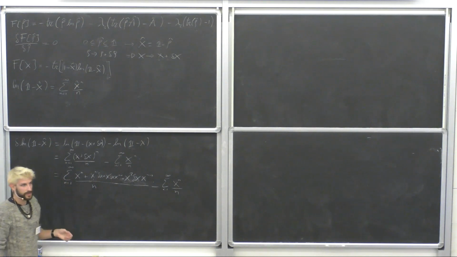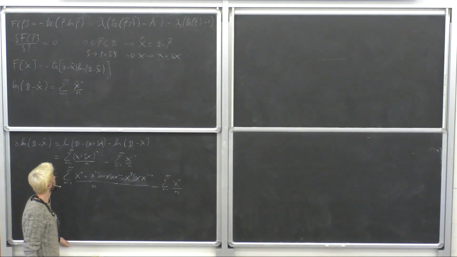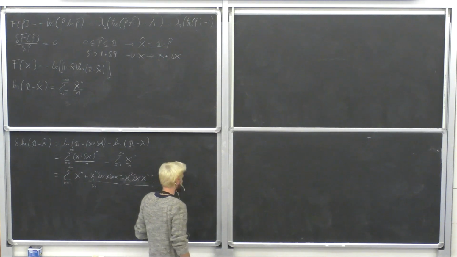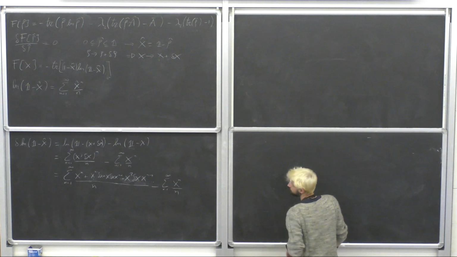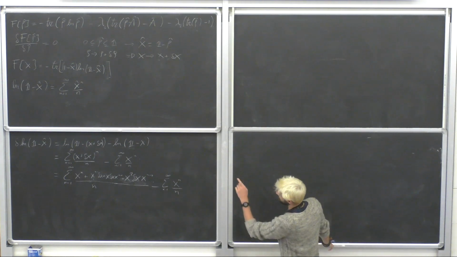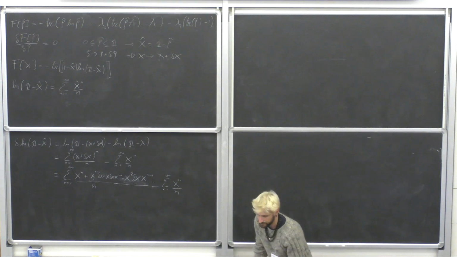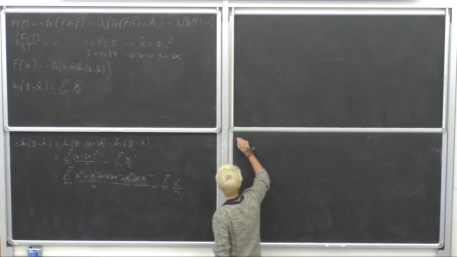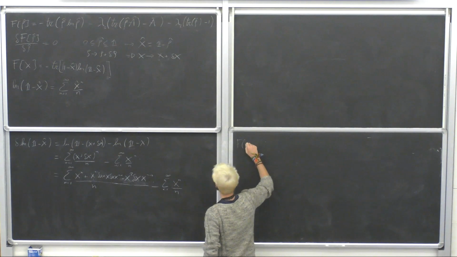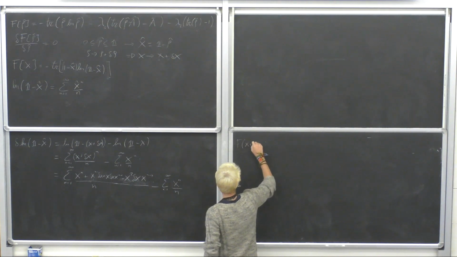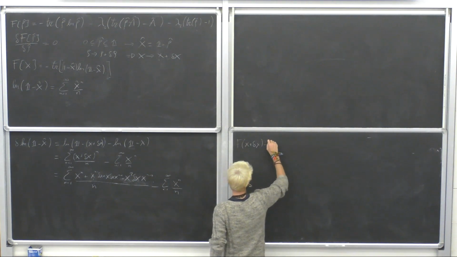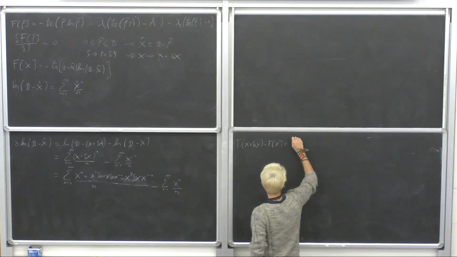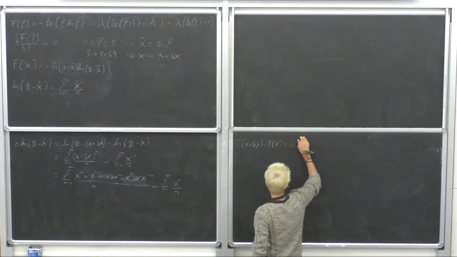Good point. I actually didn't think about it when I was doing the exercise. Too bad. At this point, we can now compute the derivative of that trace there. So we have f of x, and this is equal to the trace.